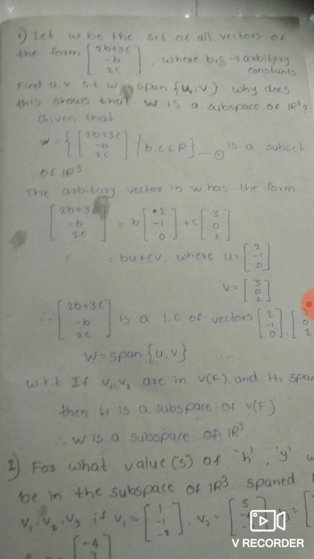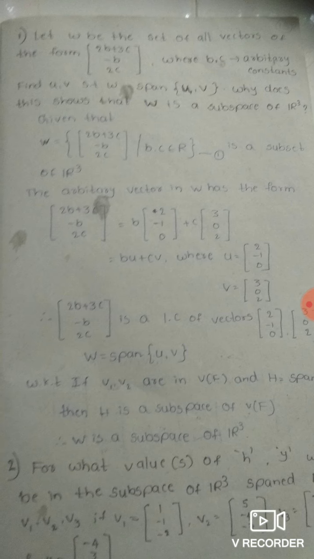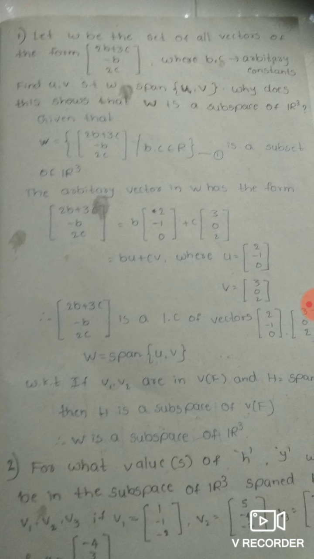W is divided into a linear combination of both vectors, that is bu plus cv, where u equals (2, -1, 0) and the v value is (3, 0, 2). Then (2b + 3c, -b, 2c) is a linear combination of vectors (2, -1, 0) and (3, 0, 2). That means W equals the span of u, v.